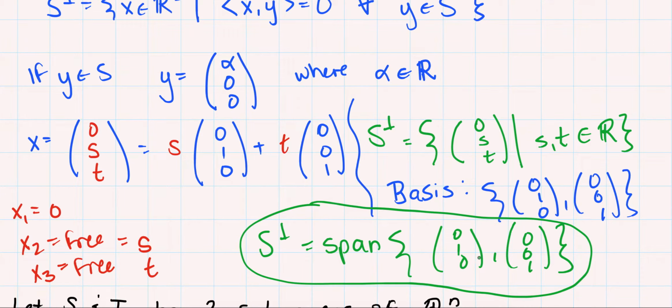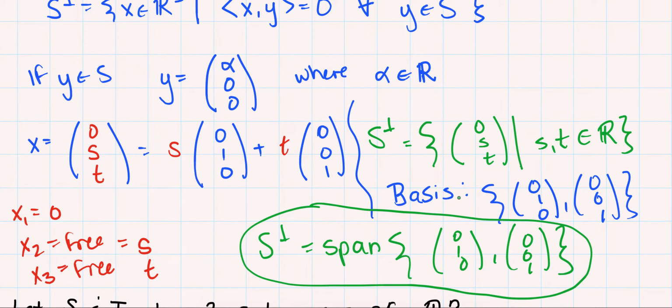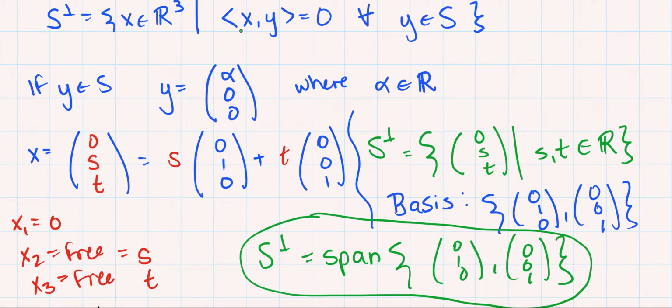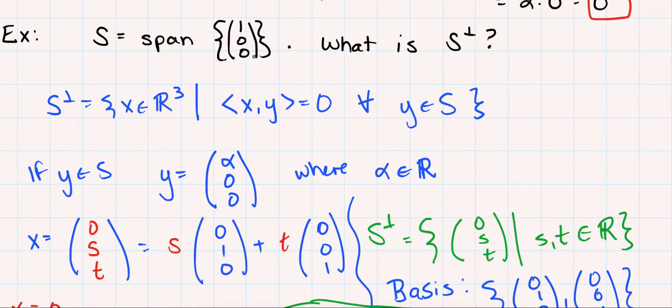So any linear combination of these two vectors, if you take the scalar product of that vector with anything in S, which remember S looks like this, the span of these types of vectors, you're going to get 0.